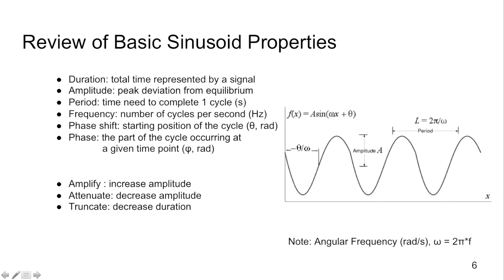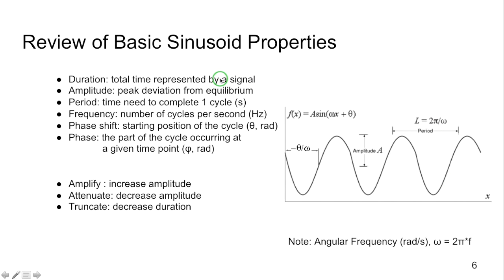A sinusoid, like the one here, has a duration, which can be termed in numbers of samples or in seconds. So a periodic signal, in a purely mathematical sense, is infinite. It has an infinite duration, but in our computers, of course, we have no infinite signal.